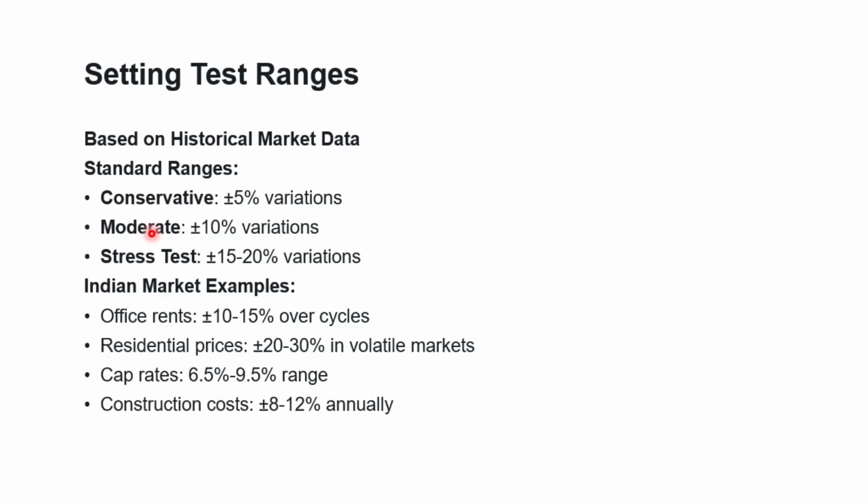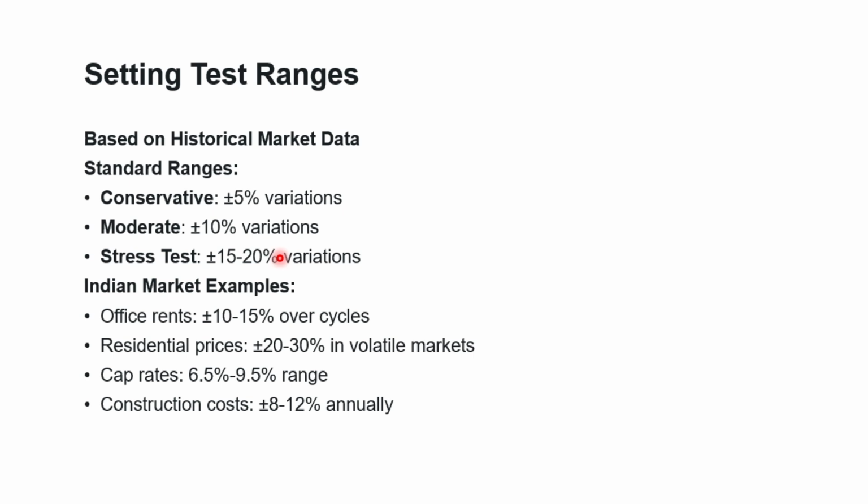Then come moderate variations of plus or minus 10%, which suit most situations. Then we have stress tests of plus or minus 15 to 20% variation, and that helps you understand the extreme scenarios.